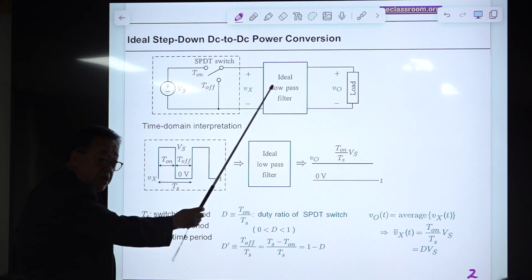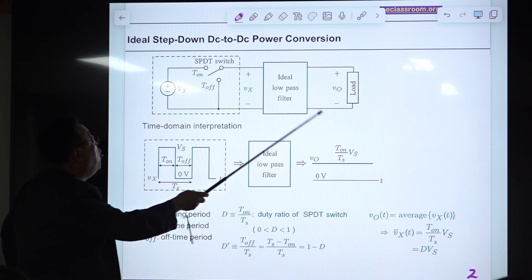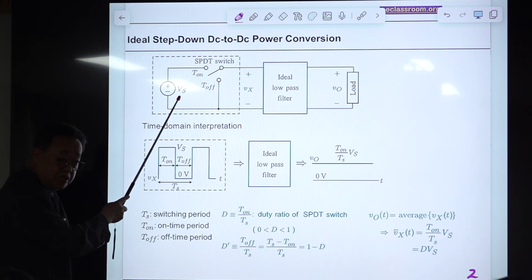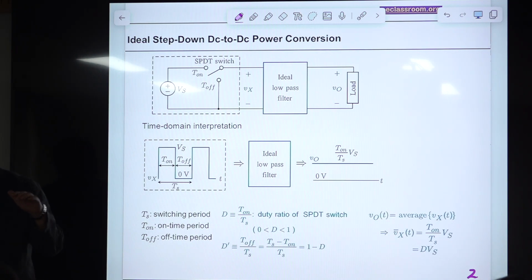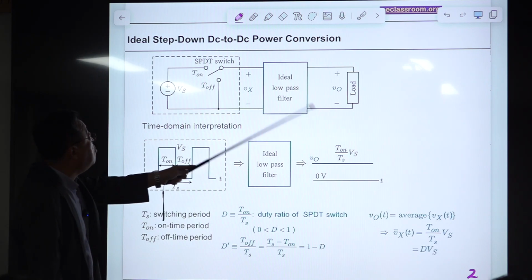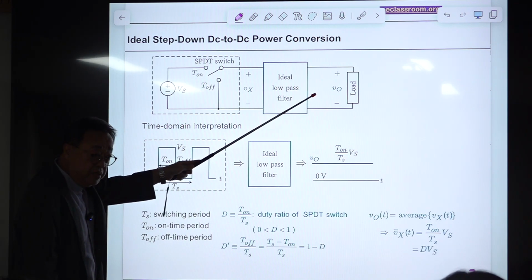The output voltage is always lower than the input voltage, so we step down the input voltage and generate a reduced, smaller voltage as the output of this converter.